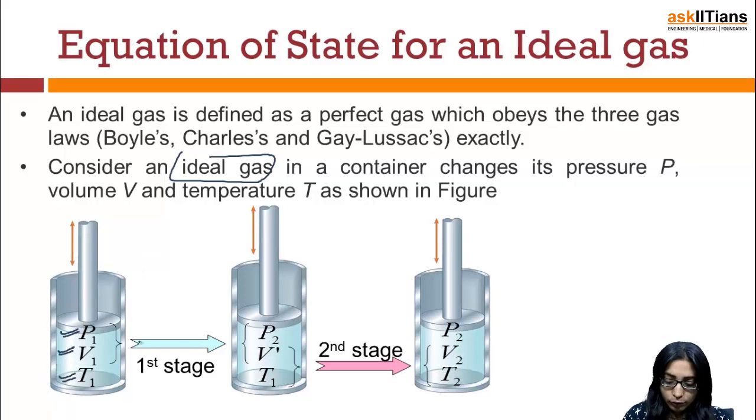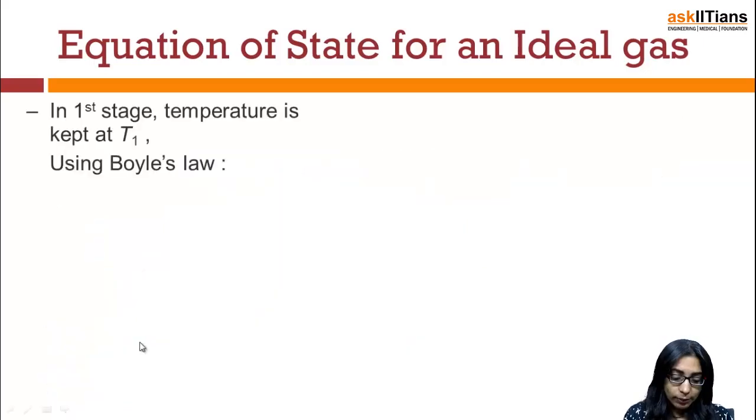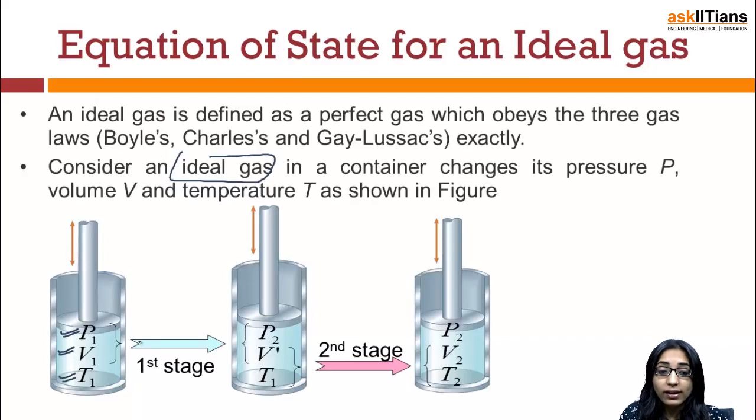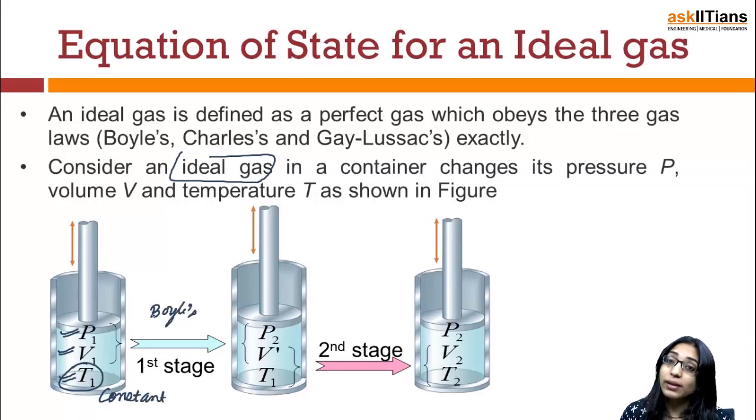Now in the first stage, the temperature is kept at T1, so let me keep the temperature of the system constant. Boyle's law will be applicable here because I am keeping the temperature constant.